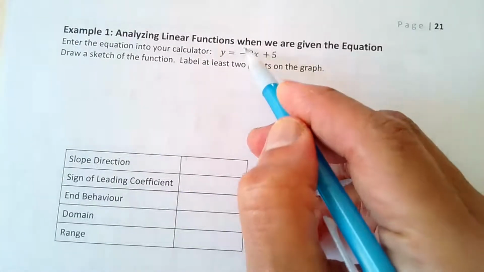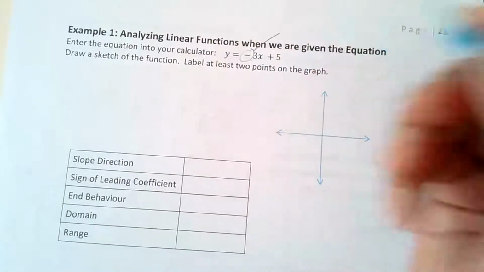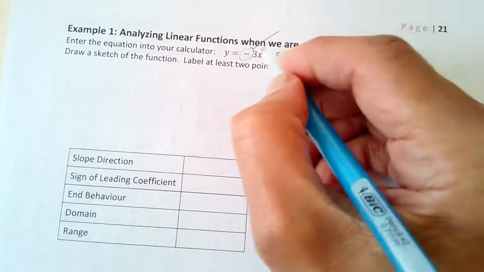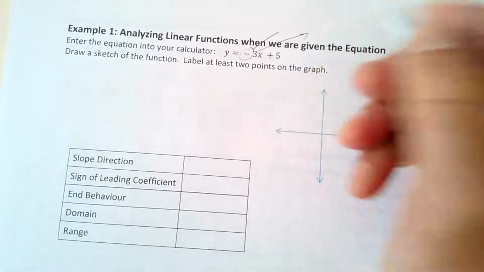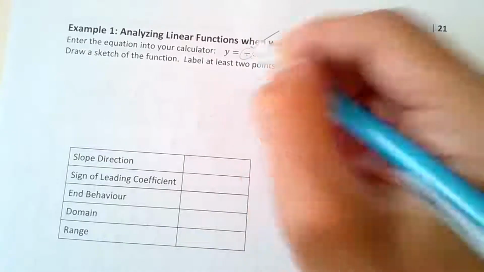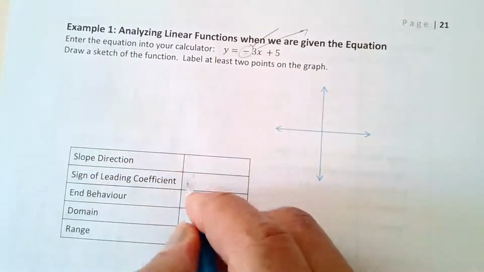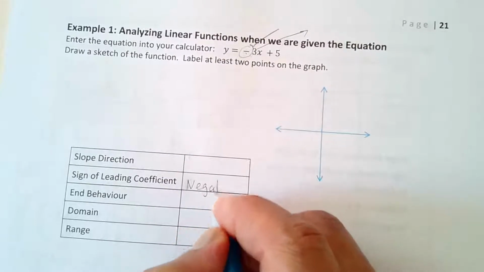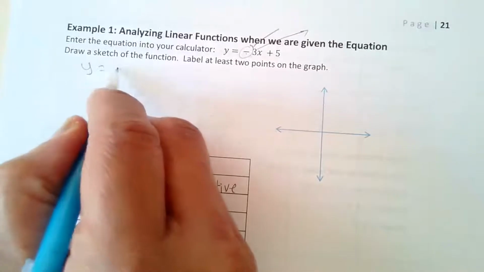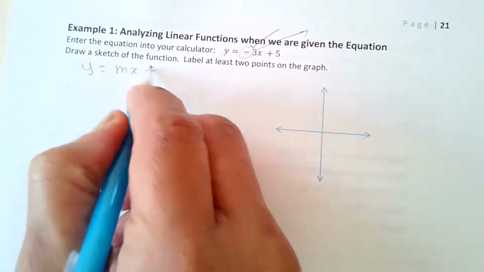Remember, that's just the sign of the leading coefficient. So the sign of the leading coefficient is, sorry, negative, not positive. So negative. Remember your equation y is equal to mx plus b.